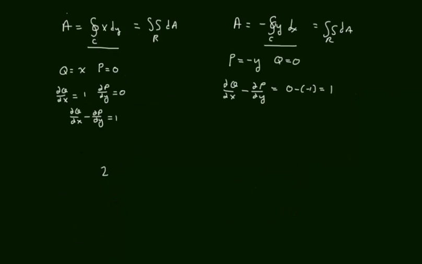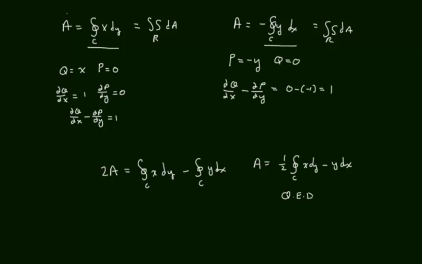So we can say now that 2 times the area is equal to this minus this from above. So therefore, area equals 1/2 the closed line integral x dy minus y dx. QED.